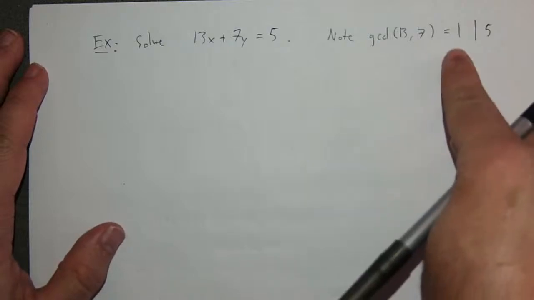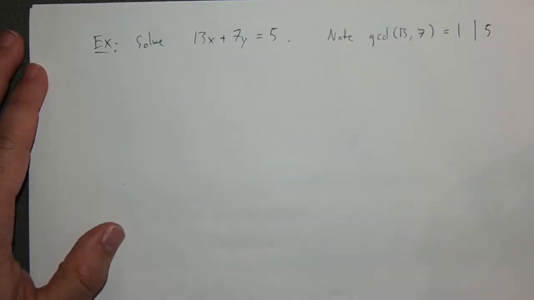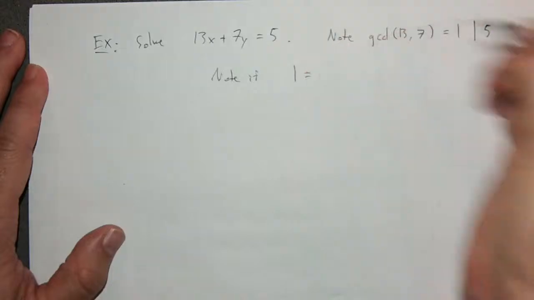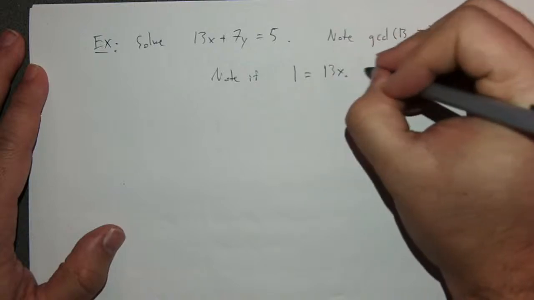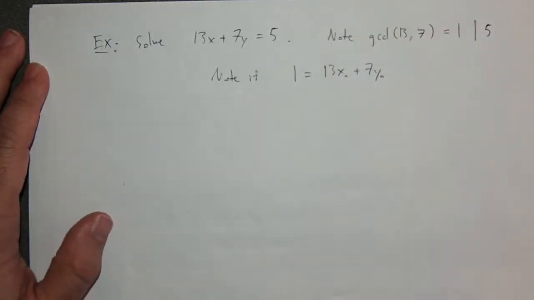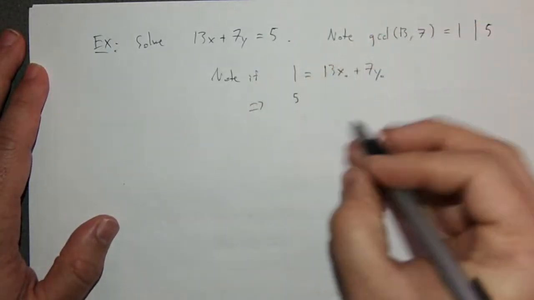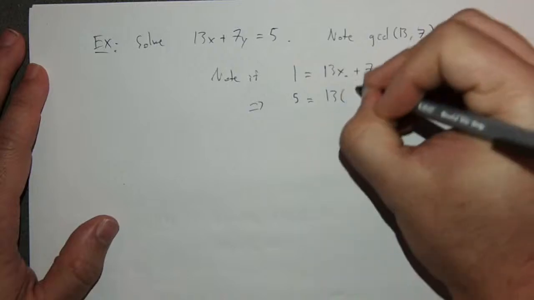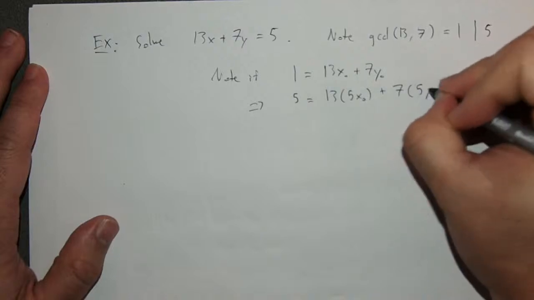So what's the idea? If I write 1 as a linear combination of 13 and 7, I can just multiply by 5. So note, if 1 is written as a particular linear combination of 13 and 7, 13x naught plus 7y naught, then after I multiply by 5, 5 is 13 times 5x naught plus 7 times 5y naught.